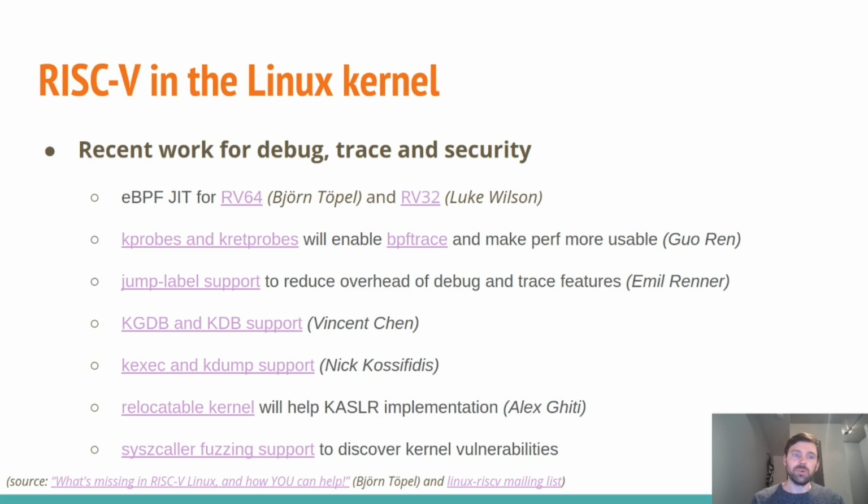There's also KGDB and KDB support being worked on, which is useful for debugging. Also kexec and kdump and relocatable kernel work is being done, which will help address space layout randomization implementation. And also the syzkaller fuzzing bot, which does fuzzing to discover security vulnerabilities, now supports RISC-V as well.